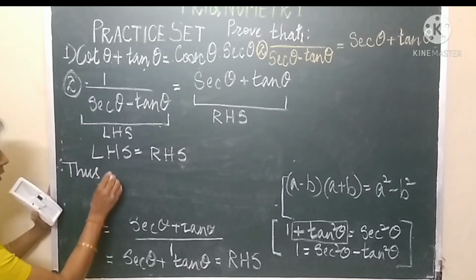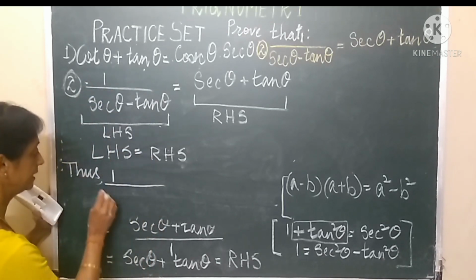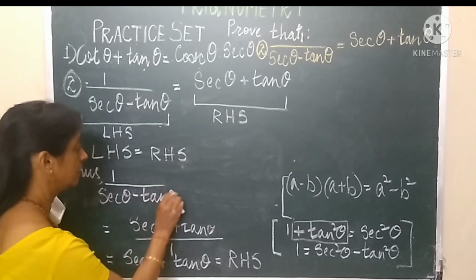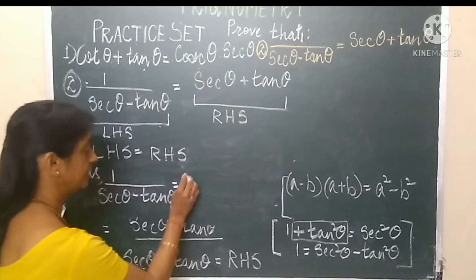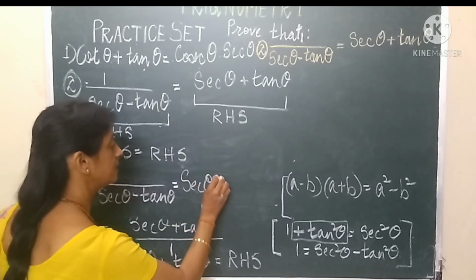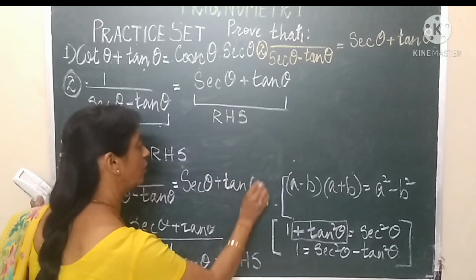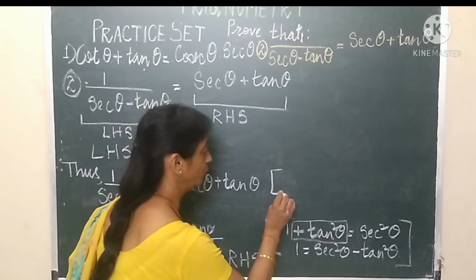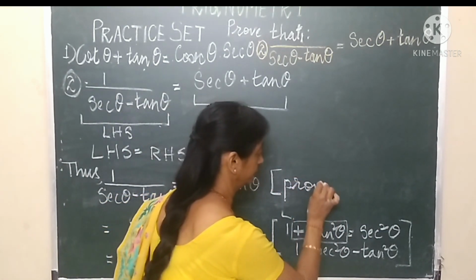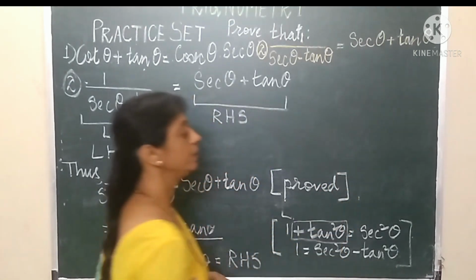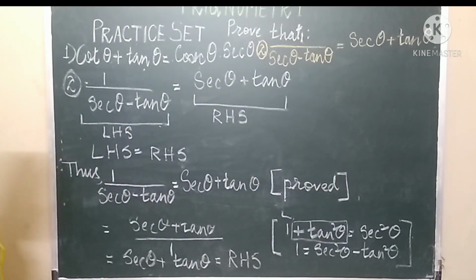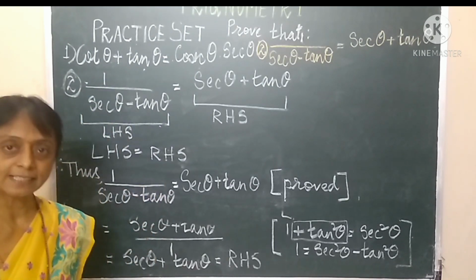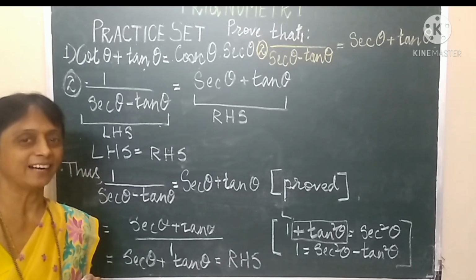Thus, 1 upon sec theta minus tan theta is equal to sec theta plus tan theta. The reason will be we have proved. So children, this is the way we were able to prove problems saying that prove that the left hand side is equal to the right hand side.